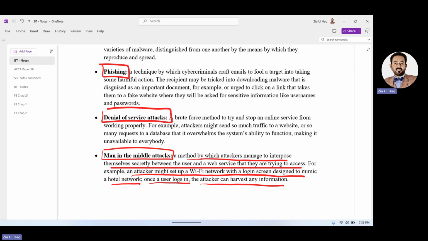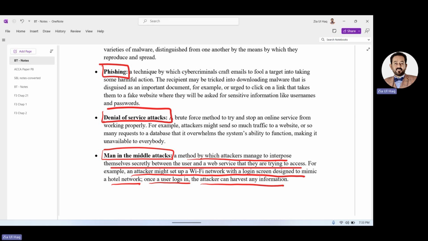Whatever you are doing on your computer, the main server can easily watch. Sometimes cafe owners even commit big fraud. Like if you are entering your debit card details to buy something online, they might hack that information and misuse it after that. So that is called a man in the middle attack.